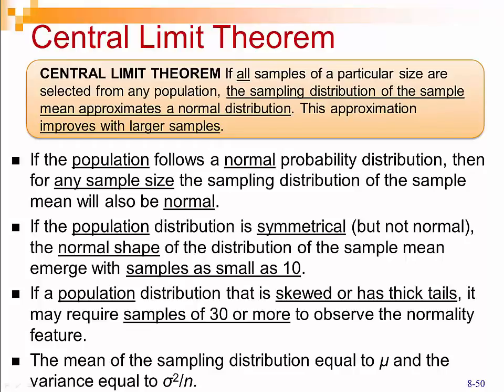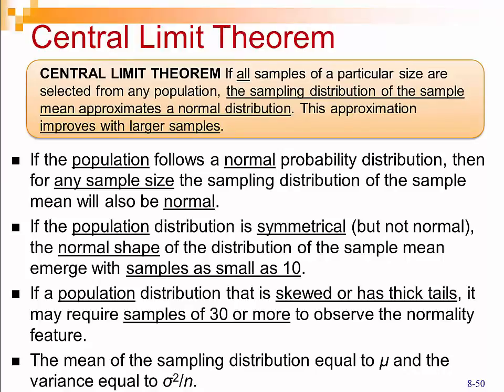So the central limit theorem states that if all samples of a particular size are selected from any population, the sampling distribution of the sample mean approximates a normal distribution. And this approximation improves with larger samples. If the population follows a normal probability distribution, then for any sample size, the sampling distribution of the sample mean will also be normal.